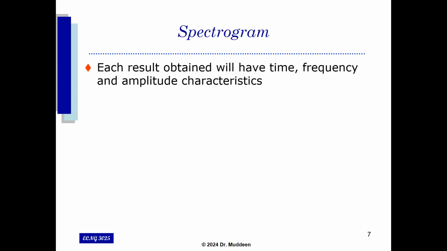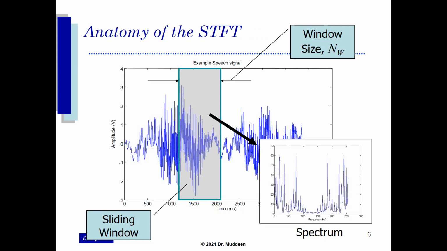So at the end of the result, what we have is a set of time, frequency, and amplitude characteristics. If you go back here a little bit, notice that for each of these spectra, we have a time when it occurred, and we have the spectrum itself, which is going to give us signal amplitude and frequency for each of these instances that we're looking at.